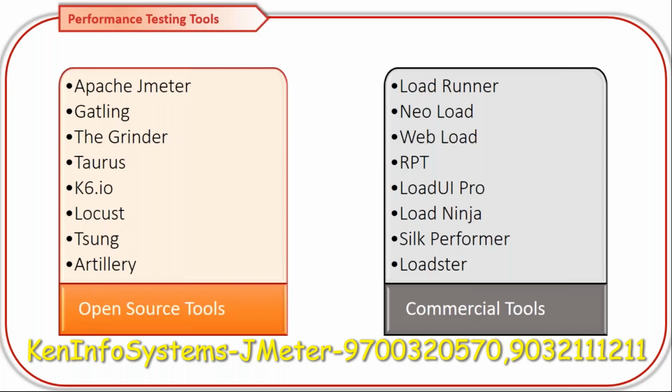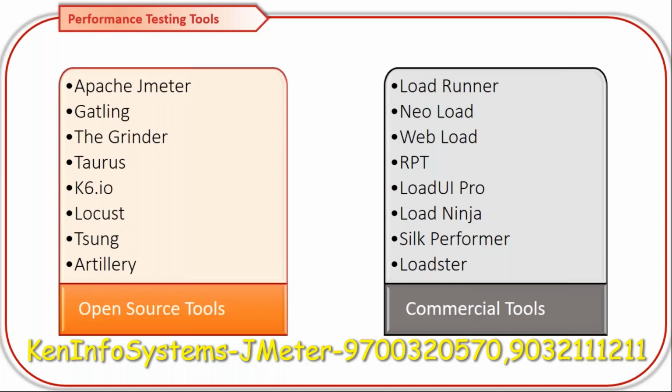In the name itself I'm saying commercial tools, right? To use these tools, definitely we need to pay. Based on the tool, the licensing cost may vary, but honestly, a tool like LoadRunner has a lot of inbuilt features, but at the same time a lot of licensing cost is involved in maintaining LoadRunner.